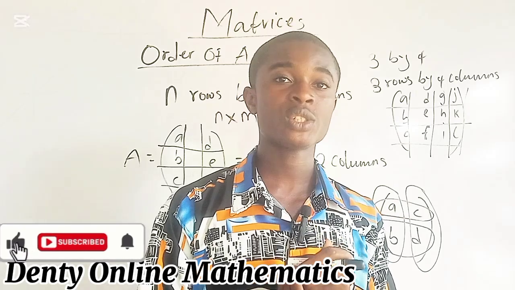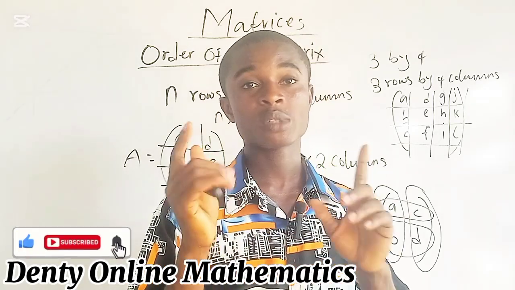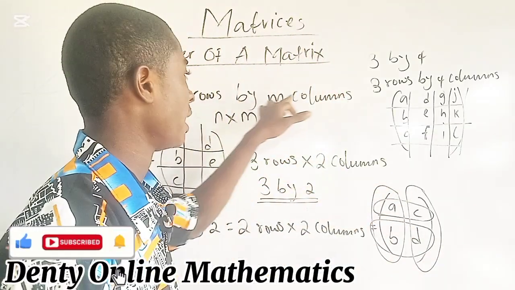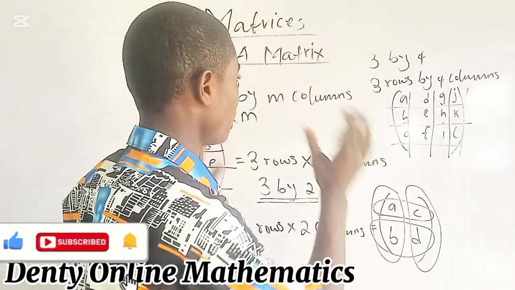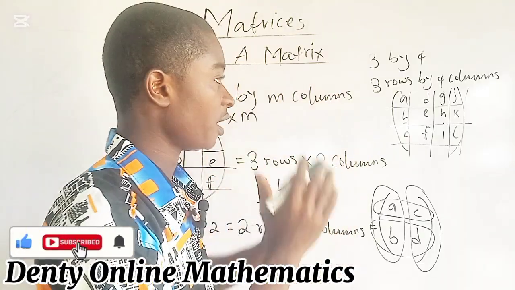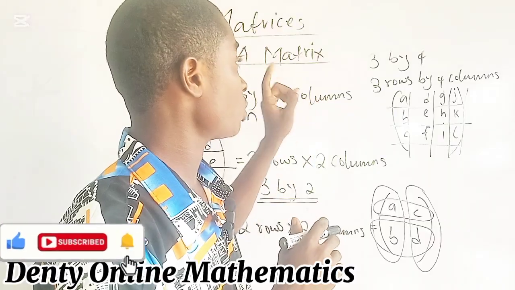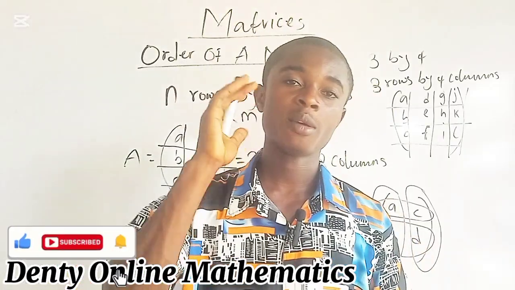I would say the order of a matrix is a way by which the rows and the columns are being arranged, just as we say, it is represented by n rows by m columns. You get? And this is how to represent the order of a matrix. This is just what you need to know when you're talking about the order of a matrix.